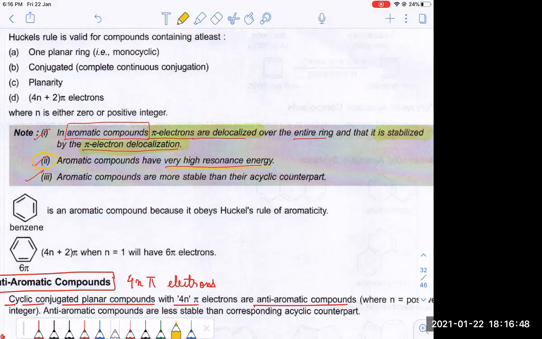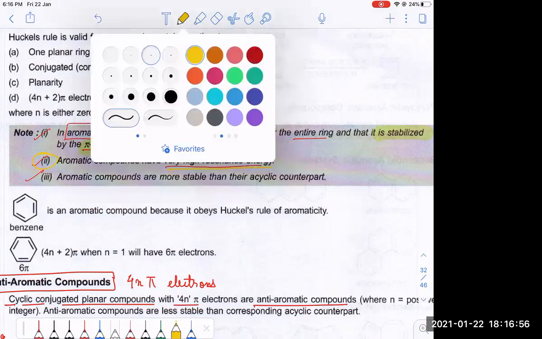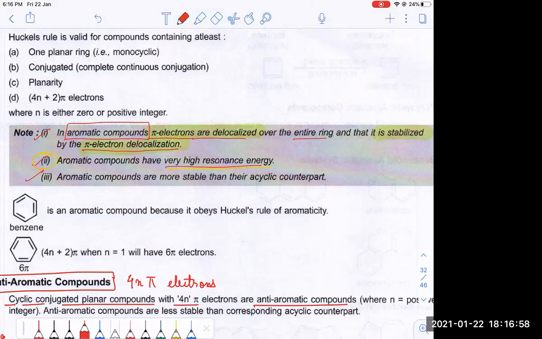You all know what a hybrid structure is. Let me show you the canonical structures of benzene and the hybrid structure of benzene, it will give you an idea. These both are canonical structures of benzene, and its resultant hybrid is this.